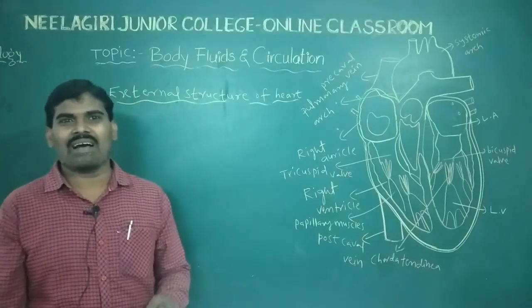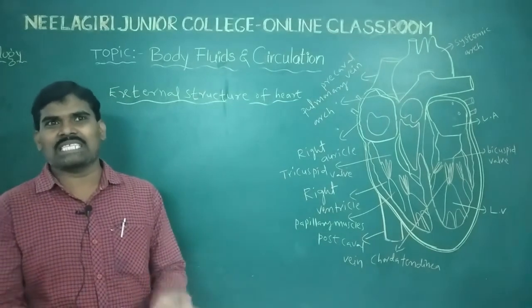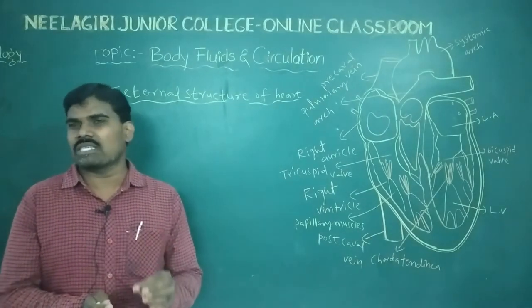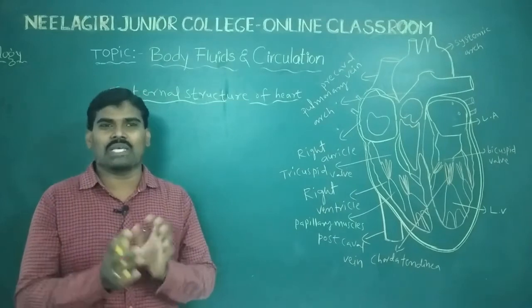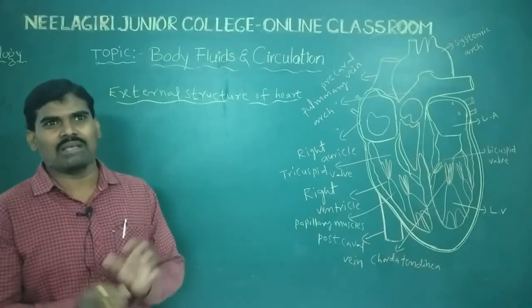Arteries and veins circulate the oxygenated and deoxygenated blood to the different body parts.